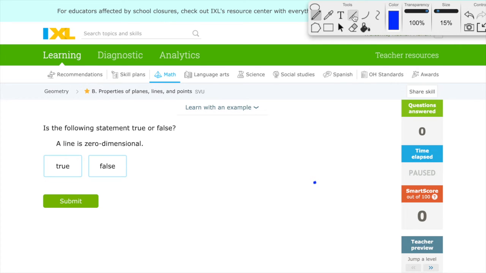A point is 0-dimensional. There's no width or height or length to a point. It's hard to explain without using the word point itself, but that's all it is. It just represents that value. That would be an example of 0-dimensional. So I know that this is a line, not a point, so I know this is going to end up being false, but let's talk about the rest.